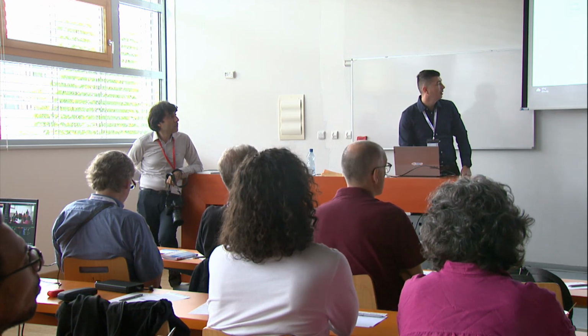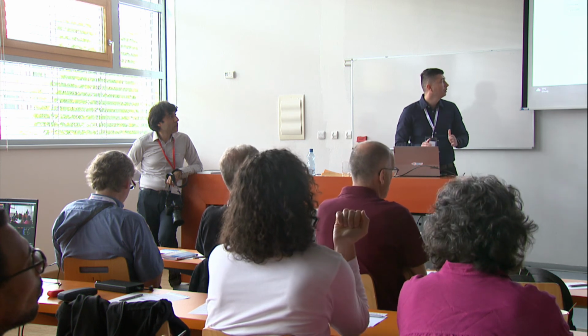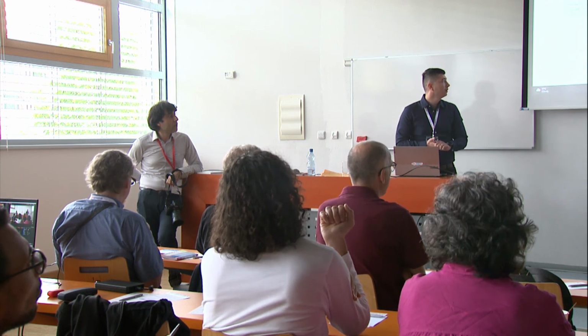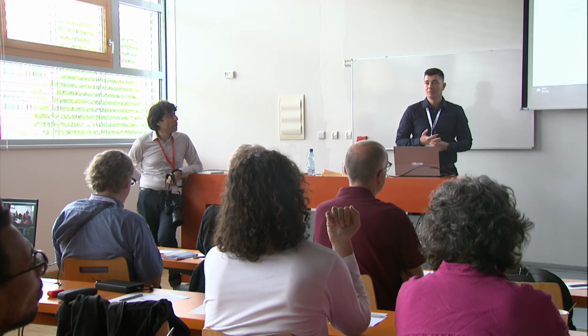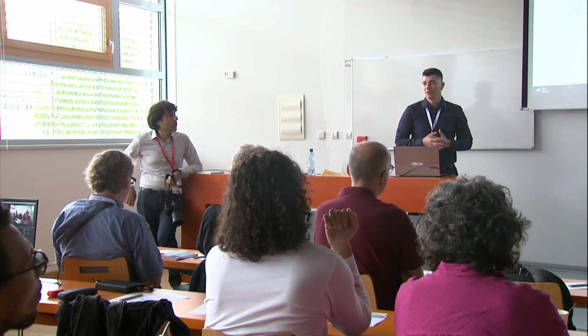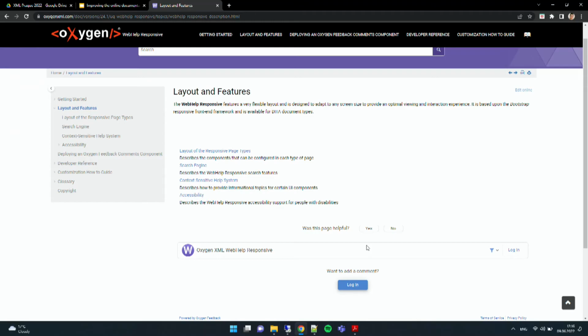anonymous comments. We also use Oxygen Feedback as a support tool. Users are reporting issues regarding the product where it is installed. So we use it this way. We are using it also as a review tool.